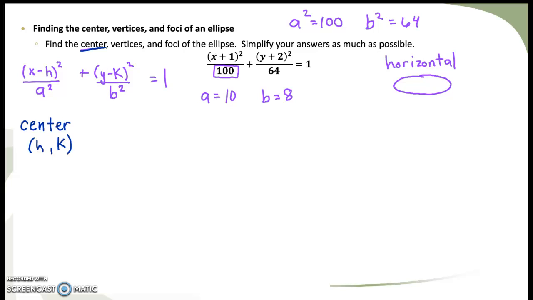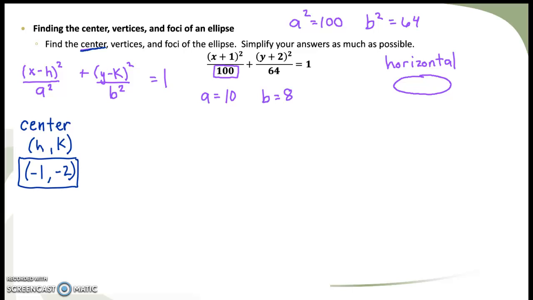Now, we always have x minus h for our h value, but here we have x plus 1, which means we would have to have x minus negative 1 to have a minus sign in our equation. So h turns into a negative 1, and k, for similar reasoning, we usually have y minus k, but in this case we have y plus 2, so k is negative 2. So (-1, -2) is our center.